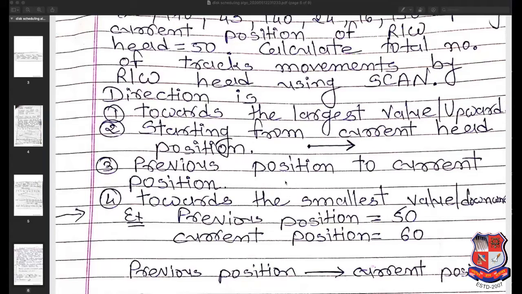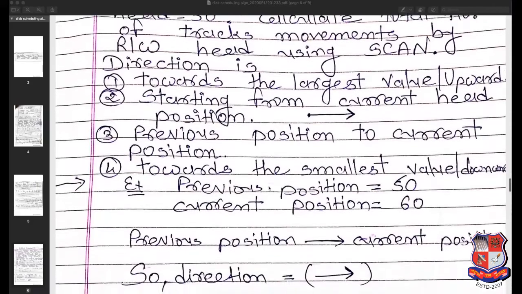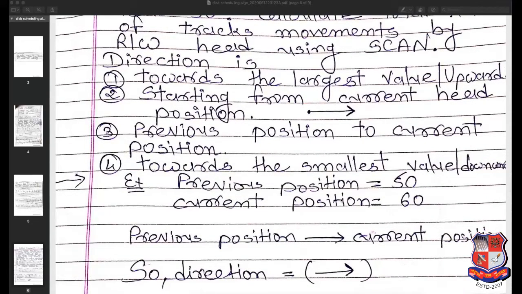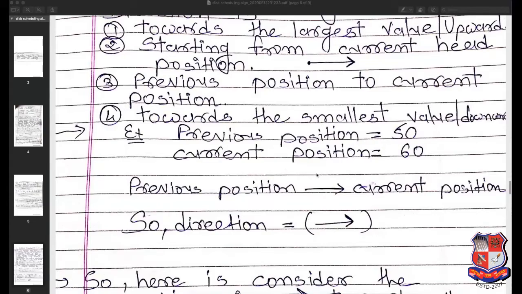If the previous position is 50 and the current position is 60, then we move from 50 to 60, which is ascending order, so the direction is left to right.